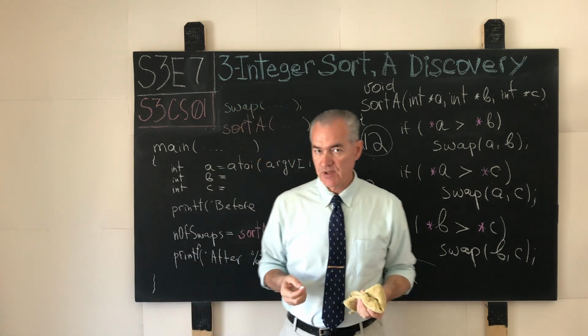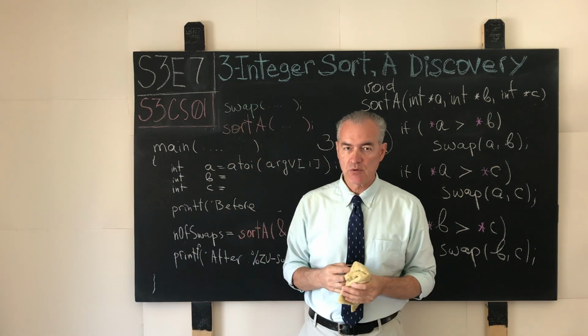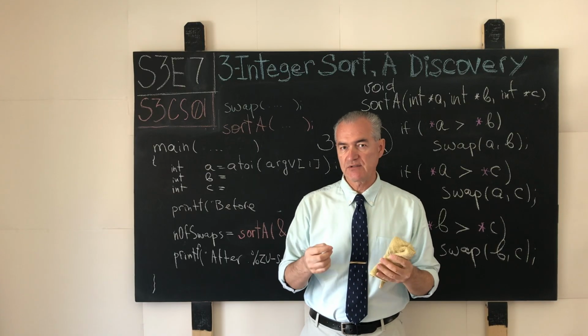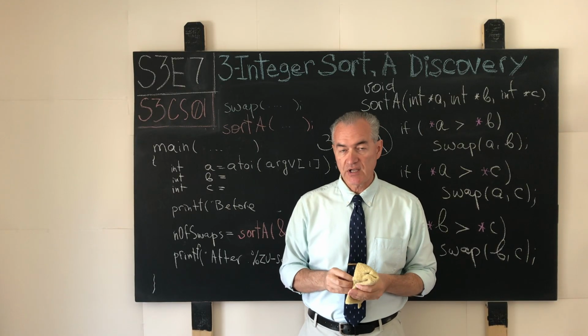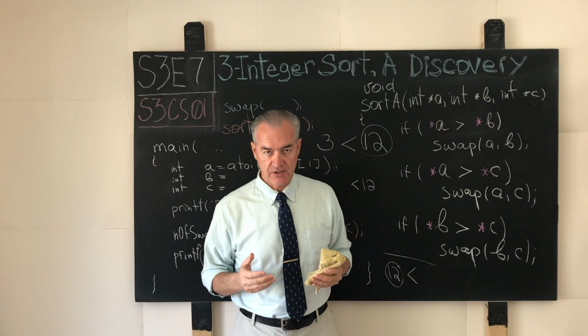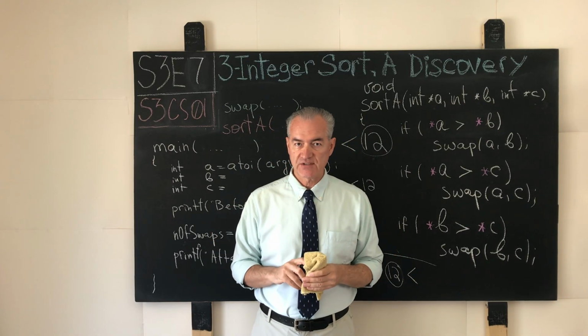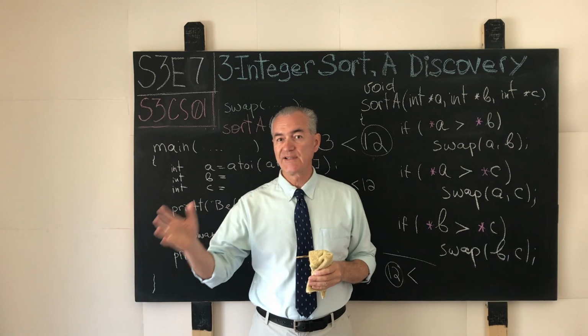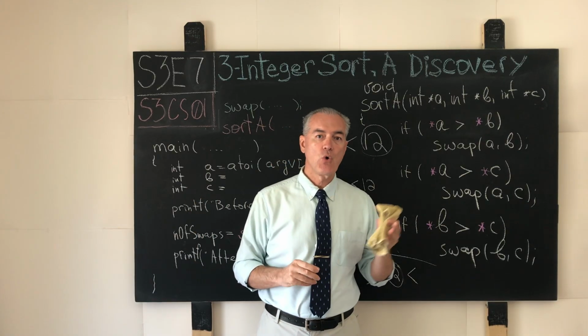Now that we're done with the problem of sorting 3 integers, we can take it further. And here, as is traditional in the world of computer science algorithms, we can go deep or we can go wide.